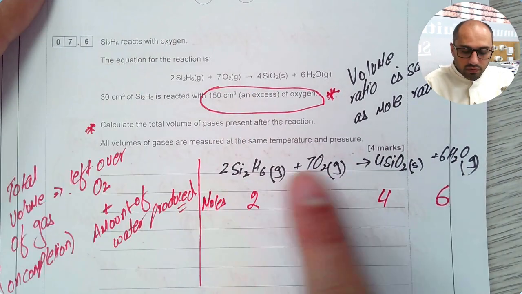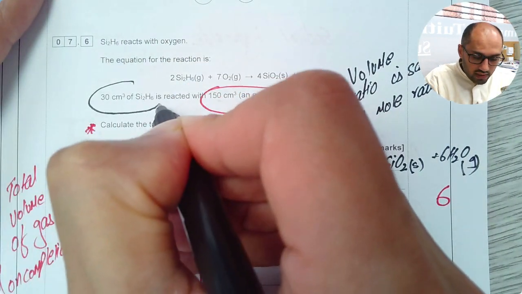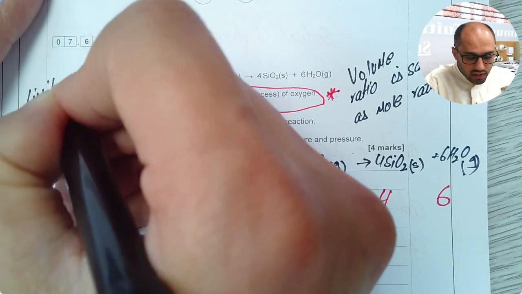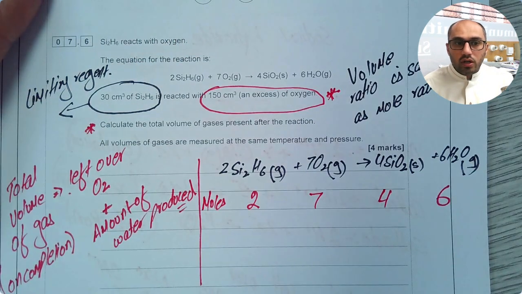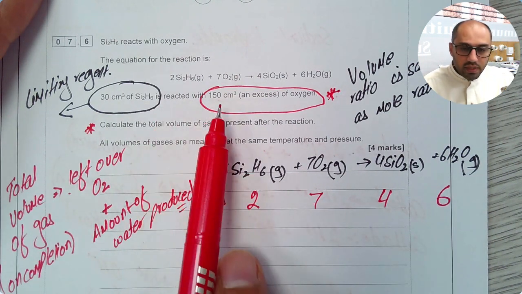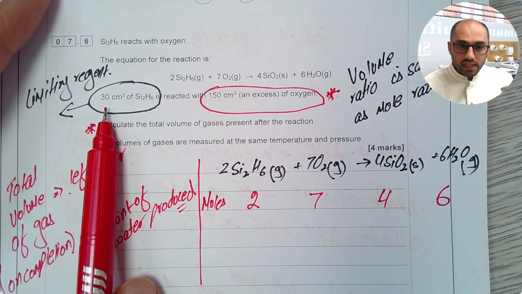Now, out of this information that is given to us, 30 centimeter cube of Si2H6 is my limiting reagent. So the amount of products produced will depend on this. So let's first figure out how many centimeter cube of oxygen will be consumed by 30 centimeter cube.